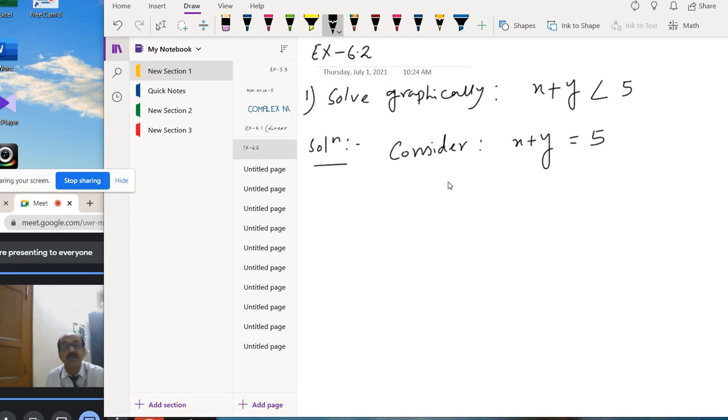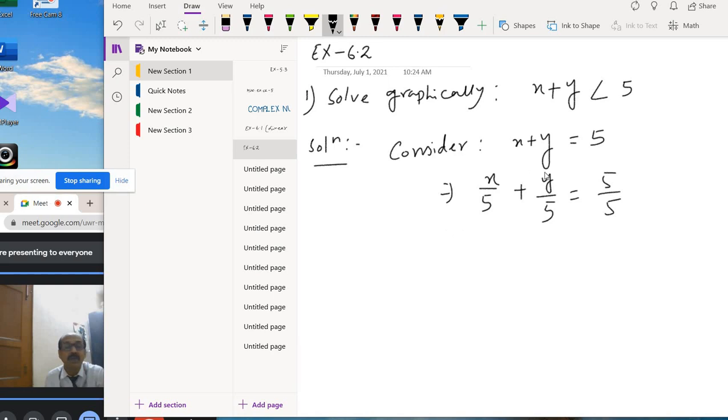Now dividing both sides by 5. Each and every term dividing by 5. Then x by 5 plus y by 5 equal to 5 by 5.